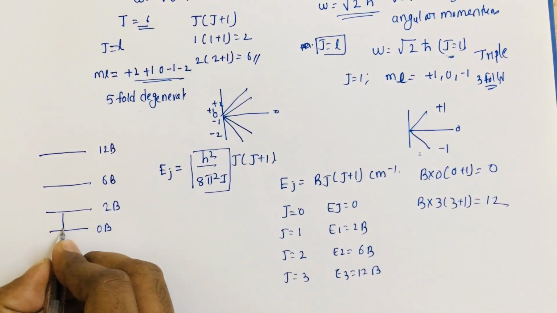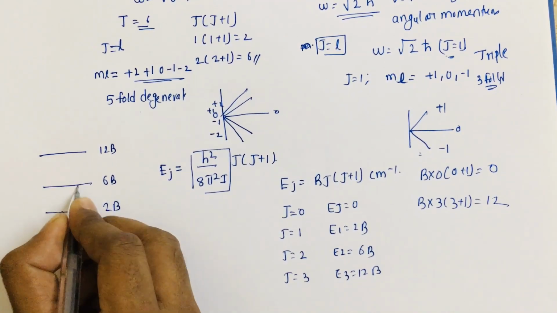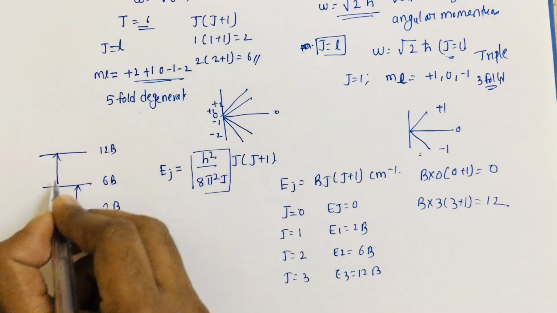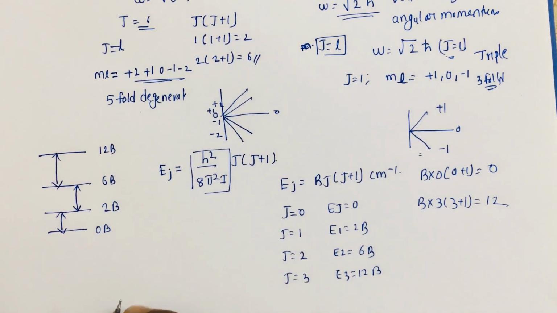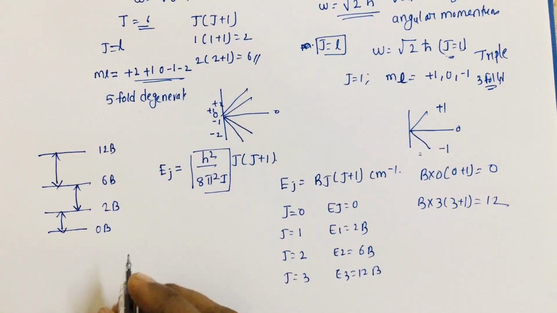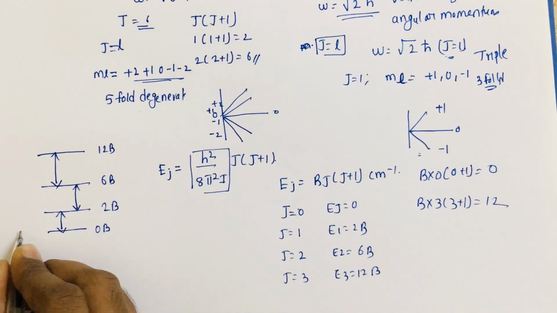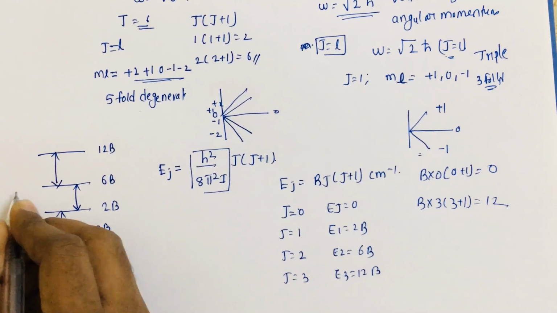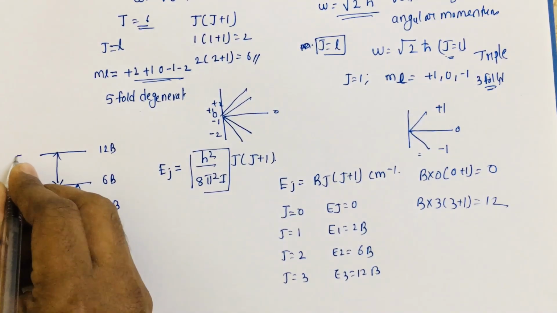As we can see here, going from the bottom to the top, the energy difference is increasing. Why is this energy difference increasing? We'll see that. Imagine this is E0, this is E1, E2 and E3.